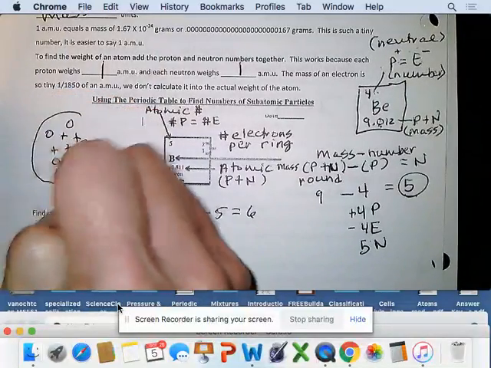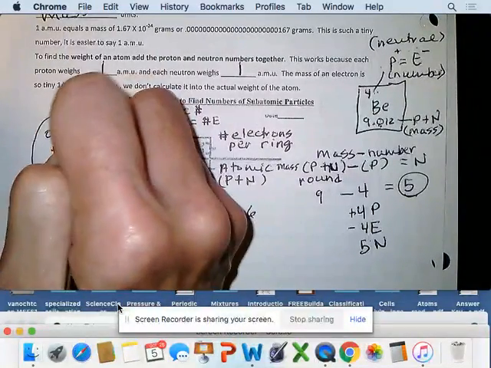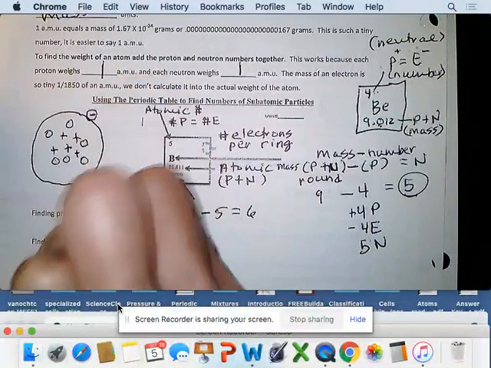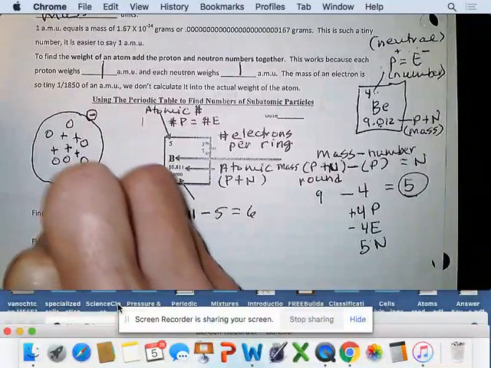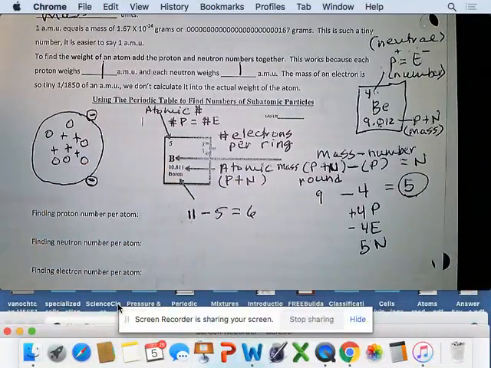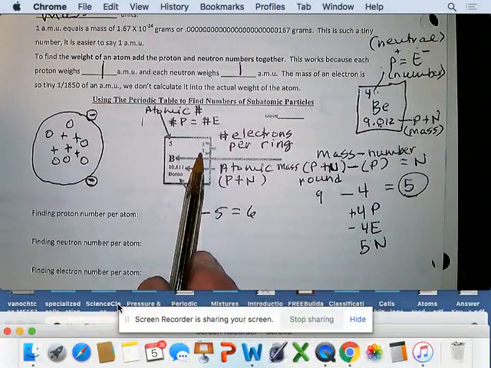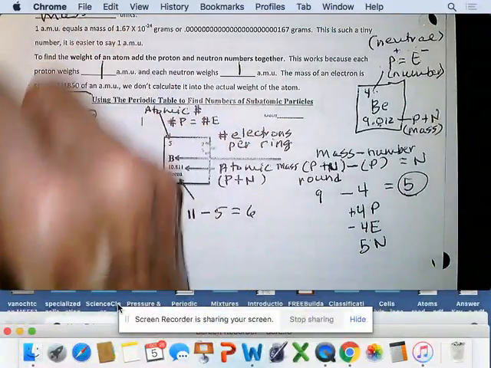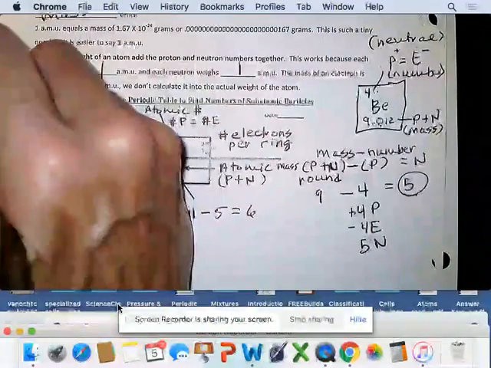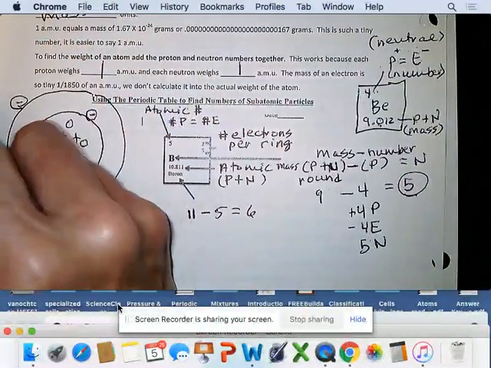So I'm going to go ahead and draw the first ring closest to the nucleus, and I'll represent my electrons like this. Okay, I'm kind of putting them on the outside of it because if I put it on the circle, it'll look like a plus sign, right? So I've got 2 negatives in the first ring, and in the second ring, I have 3. So this is how I would draw that atom.